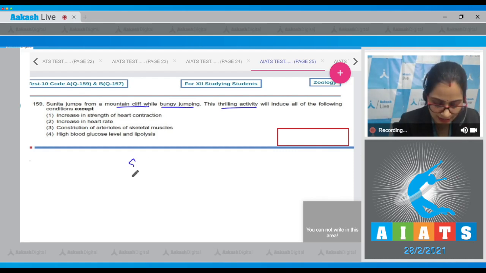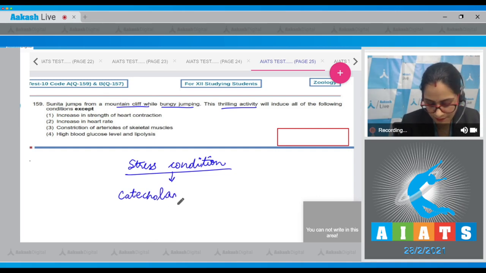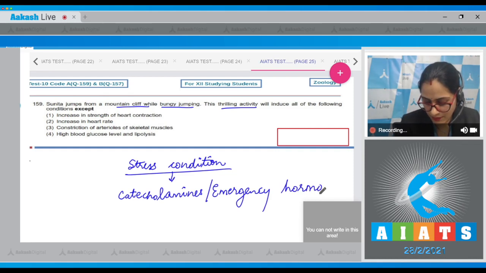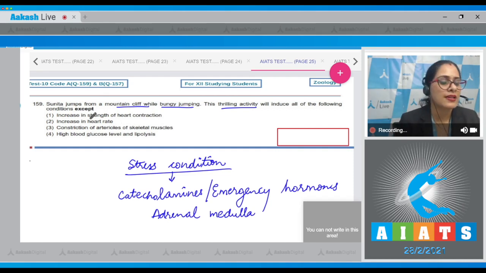Now this condition is a stressful condition, a flight, fight or fright condition that will lead to the release of catecholamines or emergency hormones from adrenal medulla. Based on this, let's see the options.